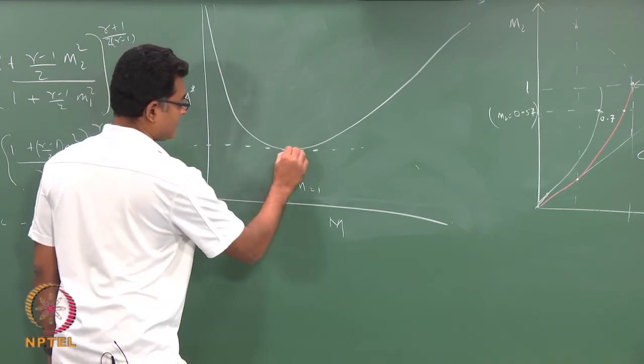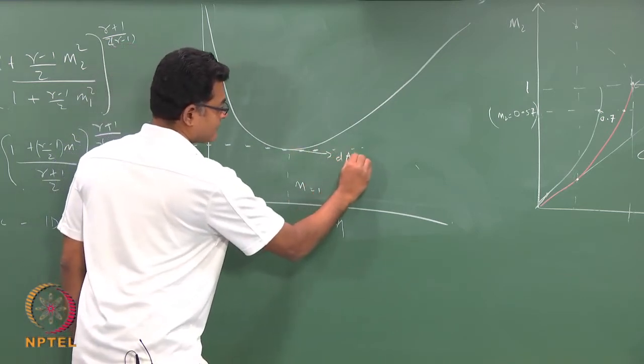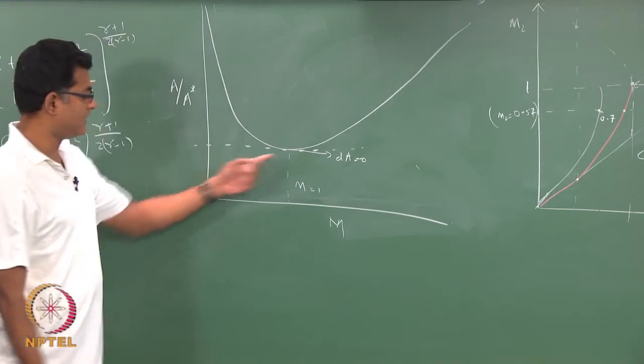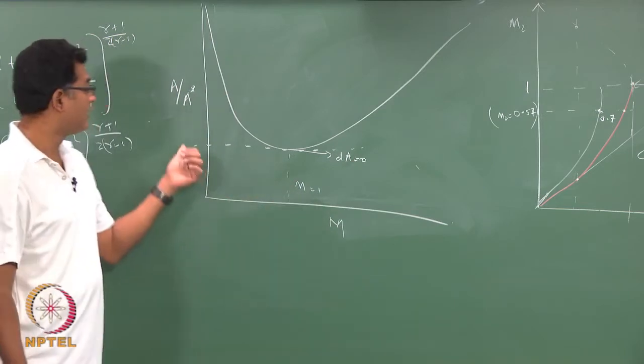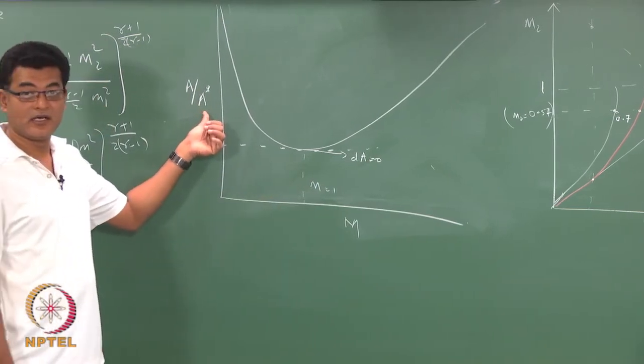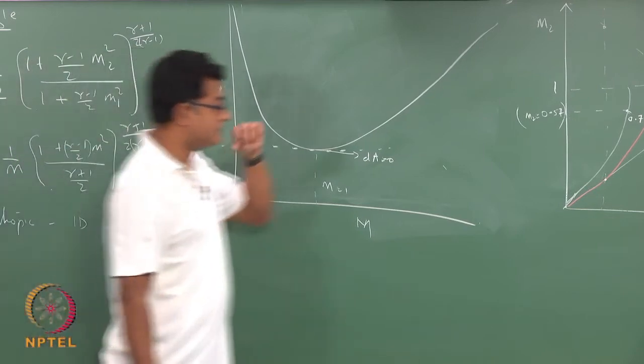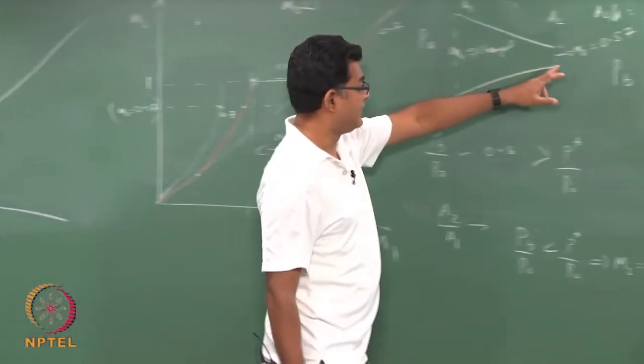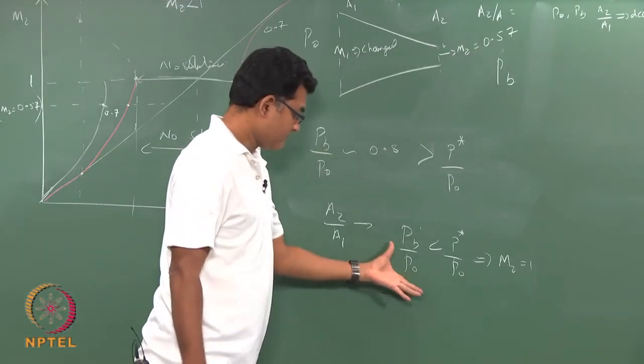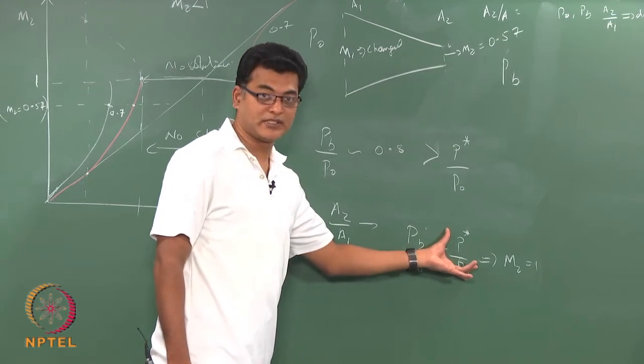This is when my dA is 0. So, at dA 0 I would have M equals 1 and hence I have a star condition here, which is precisely what is happening here if my pressure ratio is less than the critical pressure ratio.